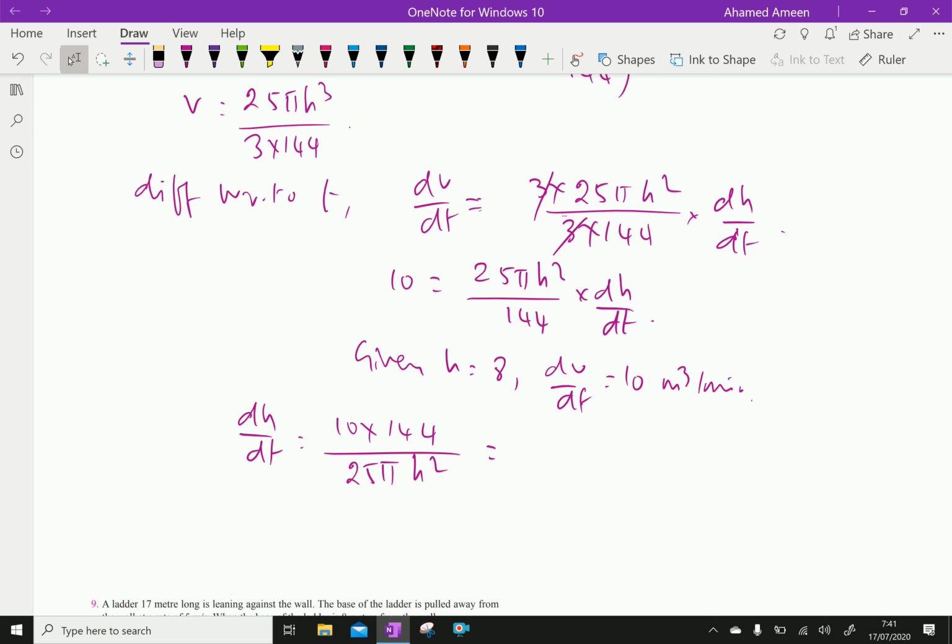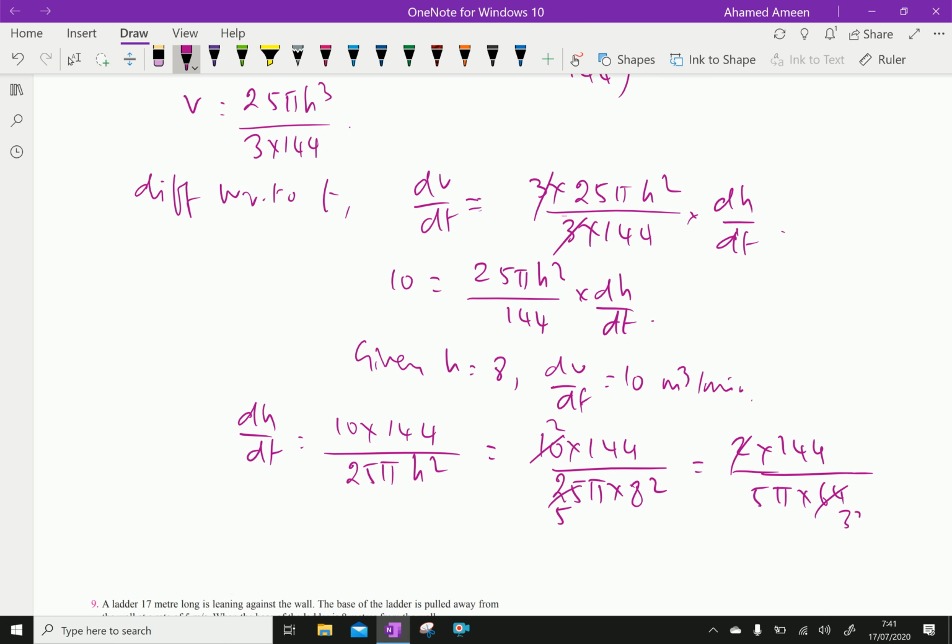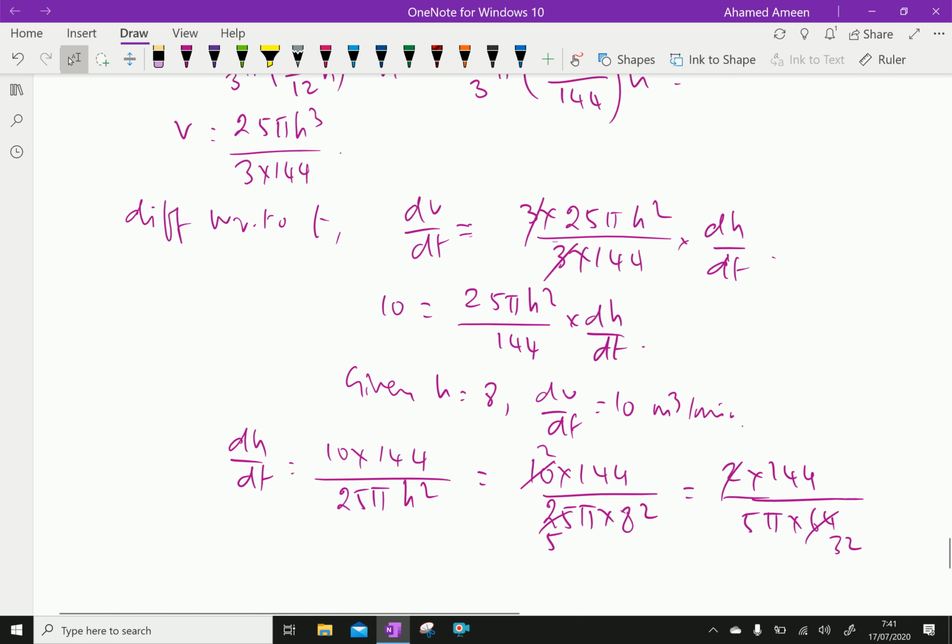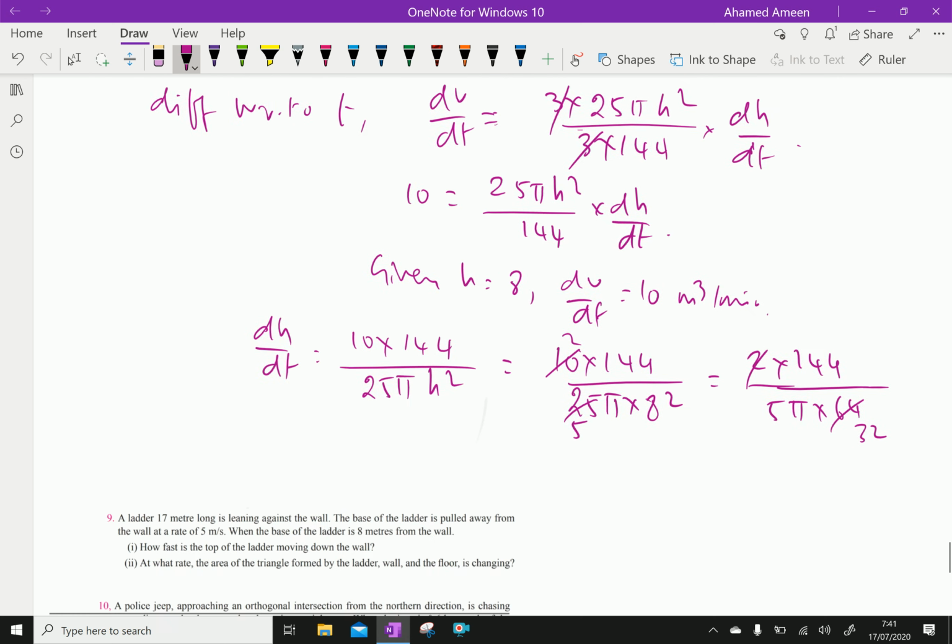We substitute the value: 10 into 144 over 25 pi into 8 squared. Simplifying, 2 into 144 over 5 pi into 64, it is 32, and further calculation gives dh by dt.